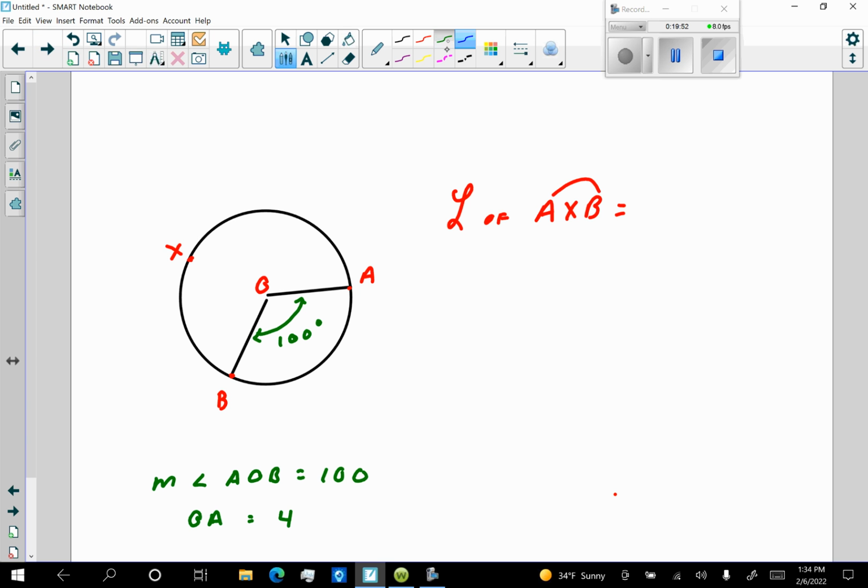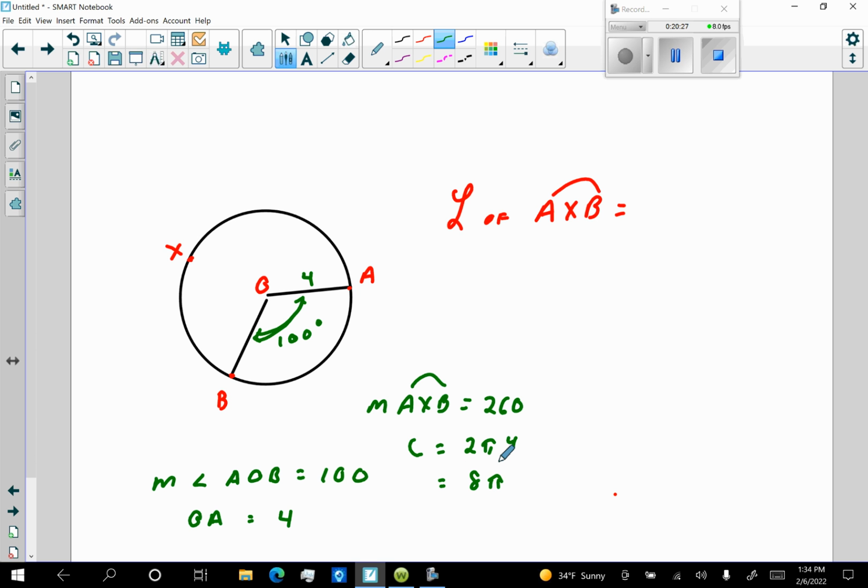If the measure of angle AOB is 100, then the measure of arc AXB is going to be 360 minus 100, which is 260. And OA is 4, so the radius is 4. That says that the circumference is going to be 2 pi times 4, or 8 pi.